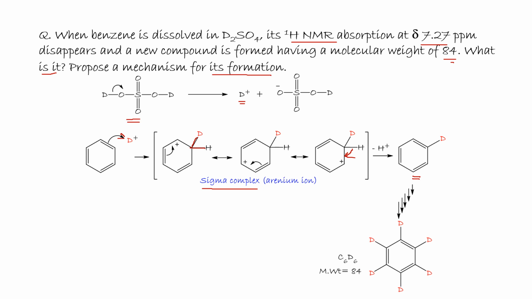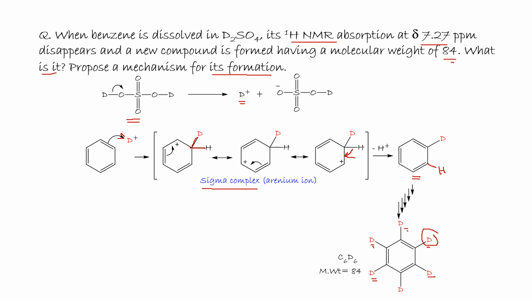Now, several steps will replace the hydrogens in benzene with deuterium, and the peak in the NMR for the benzene hydrogen at 7.27 will disappear because deuterium will not appear in the proton NMR region.